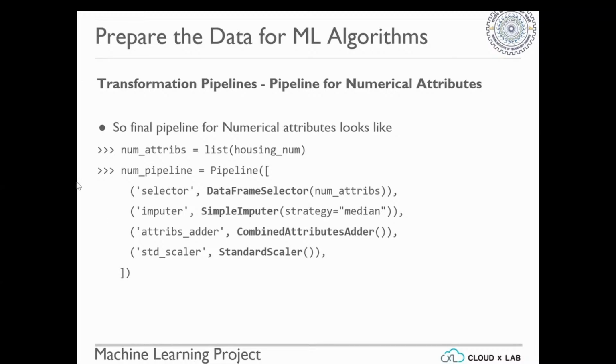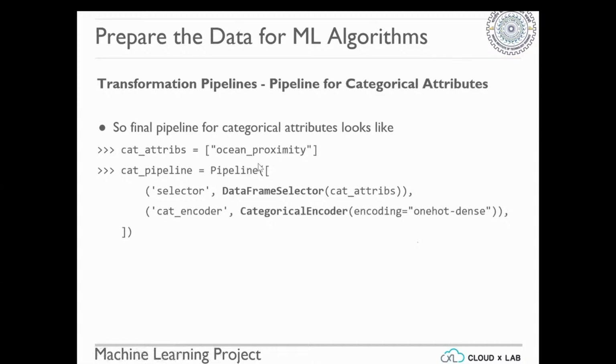So here in this particular variable housing_num, we have the values for numerical attributes, right? Similarly, since ocean proximity is a categorical attribute, we are processing this attribute separately, right?